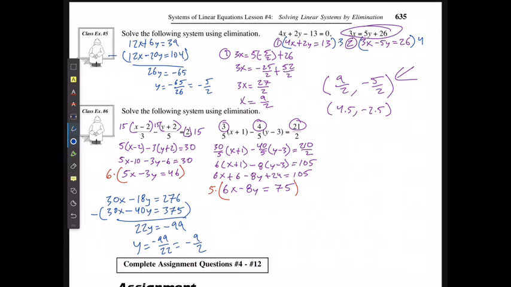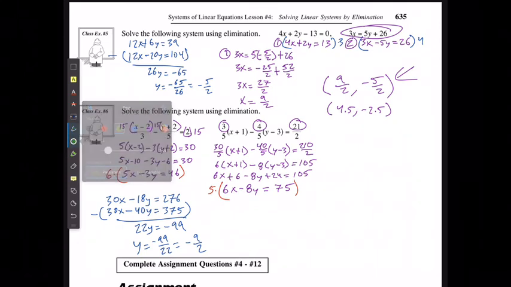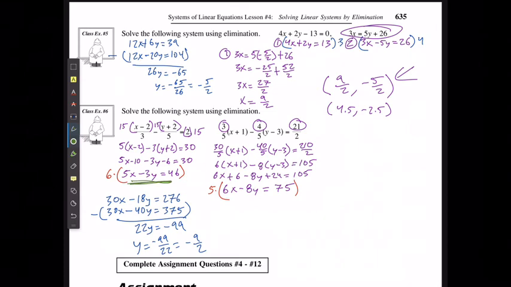Now, if I know that y is negative 9 over 2, I'm going to substitute it back into one of the equations. It doesn't really matter which one in this case. So I'm going to solve for my x. Typically I don't like to, but I'm going to use one of my simplified equations and then just verify the solutions in the calculator.